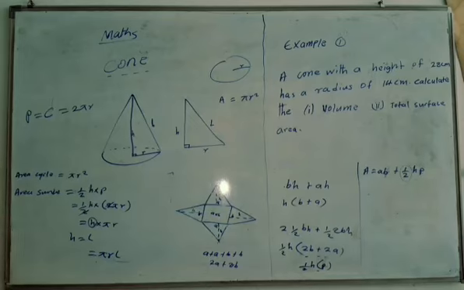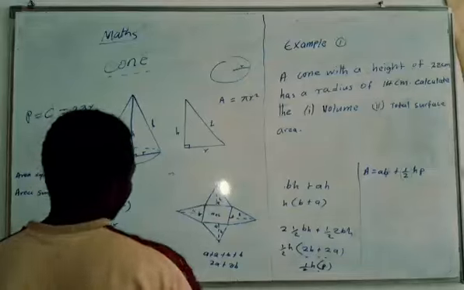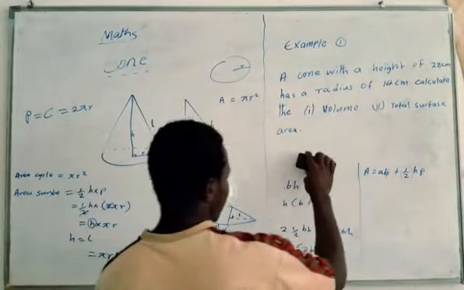So in order to find the total area of the cone, it's going to be given by adding the two. Okay, so I can clean this side.